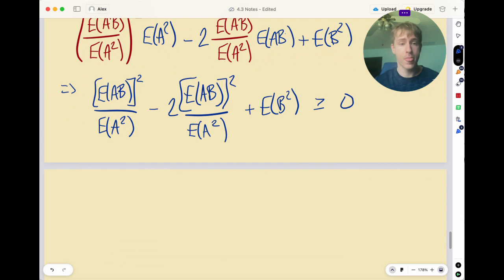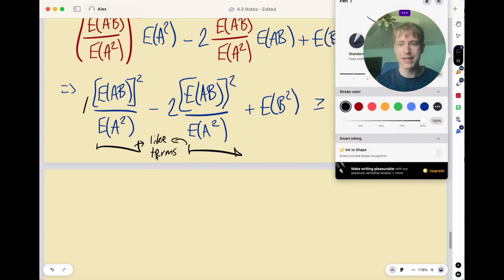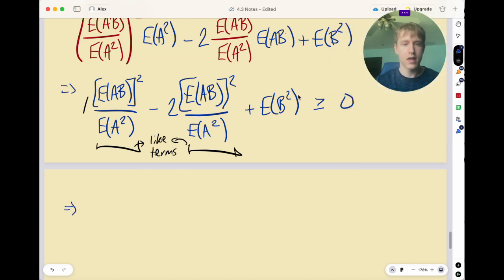Okay, but these are like terms. So what we're going to get then is that we're going to get minus one of these terms, which I'm going to add over to this side.